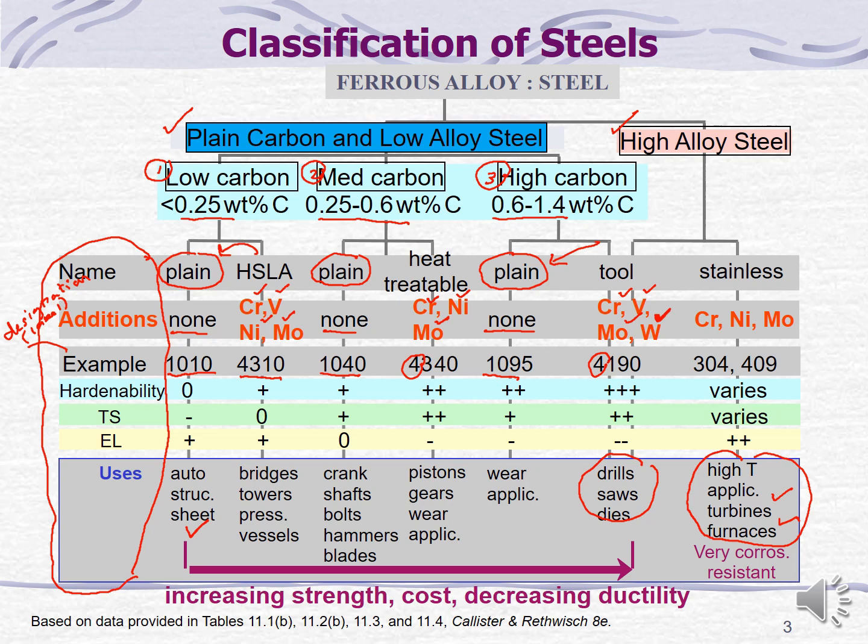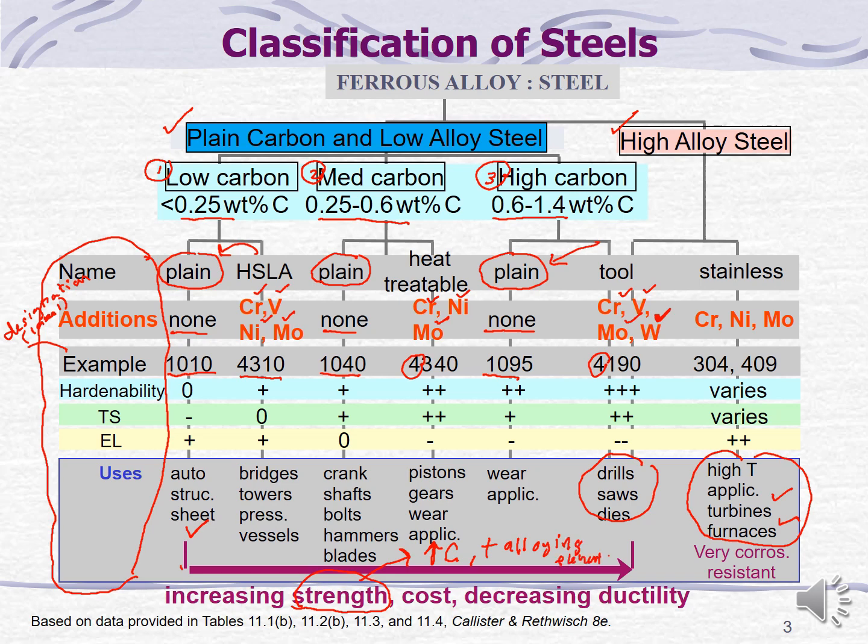And here you can see from low carbon to the high carbon steels, the strength is increasing. The strength is increasing because of the high percent of carbon, and also because of the addition of the alloying elements.